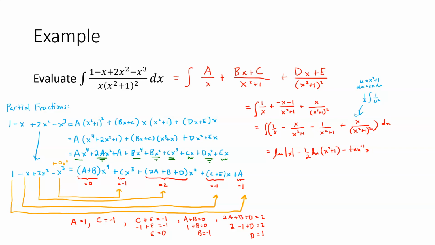So this part of it here can be integrated by doing the integral of u to the -2, which of course is -1 over u. So here we'll just get minus 1/2 over, excuse me, x squared plus 1. Okay, and there we have it.